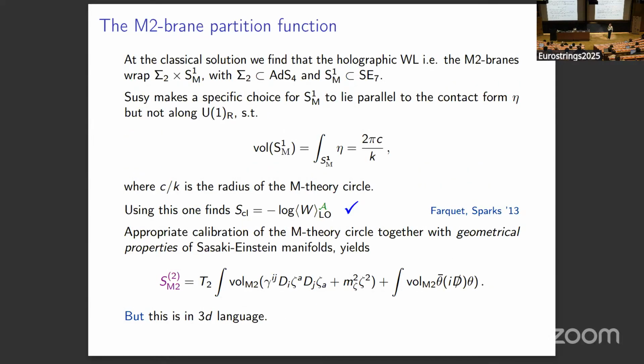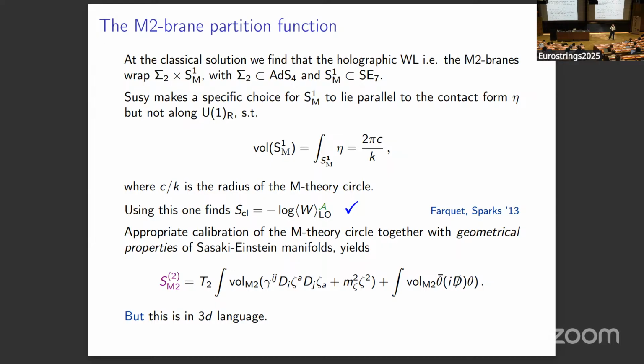Okay, so the classical solution that we find is given in terms of this Sigma 2 times, so this minimal surface that we saw extending in the bulk as the string picture, times this M-theory circle.